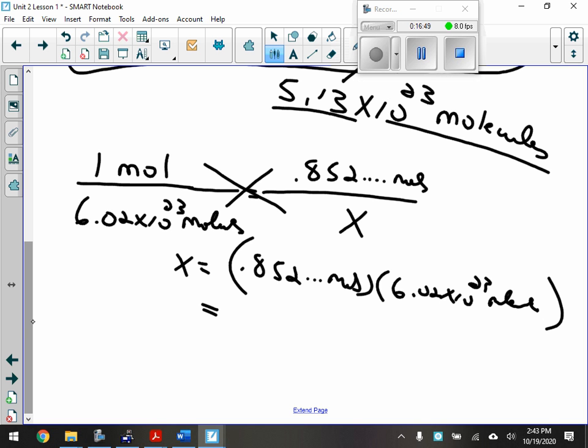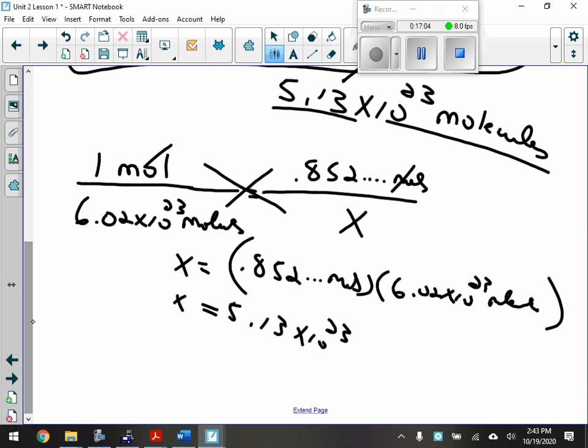And you multiply that out, and you get 5.13 times 10 to the 23 molecules. I'm missing a moles over here. This mole would cancel out with that mole, and you'd be left with molecules, of course. So that's an option too.